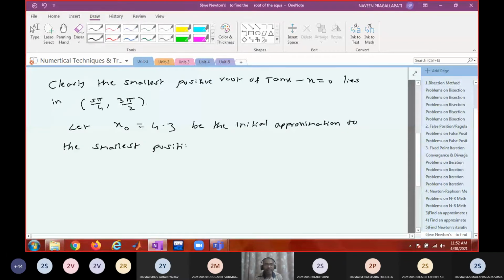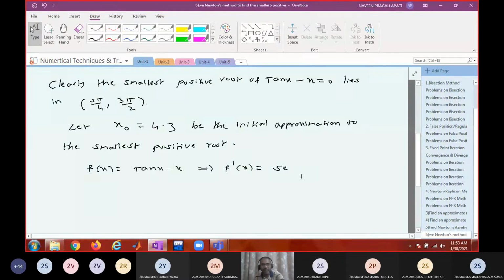This is an important method, that's why I'm spending time on the Newton-Raphson method. So f of x is equal to tan x minus x. What is its derivative? The derivative of tan x is secant square x, so f dash of x is secant square x minus 1.